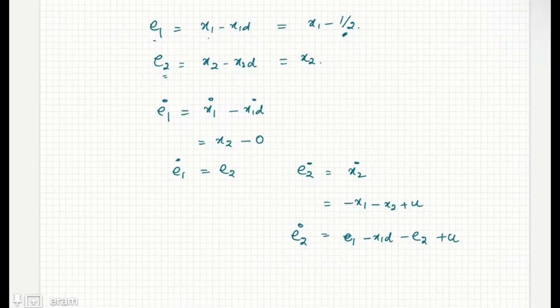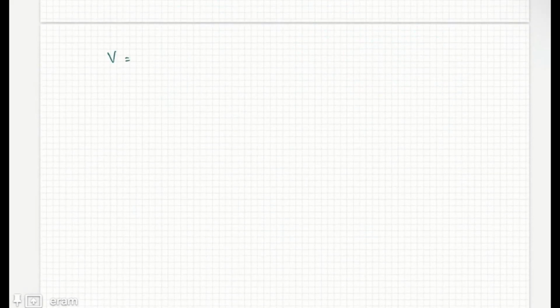All right. Now let's construct the Lyapunov function V as half of e1 squared plus half of e2 squared. This is a positive definite function because e1 squared and e2 squared are always positive, and it is 0 only at the origin. Now let's calculate its derivative.